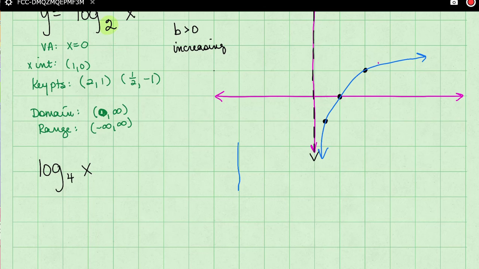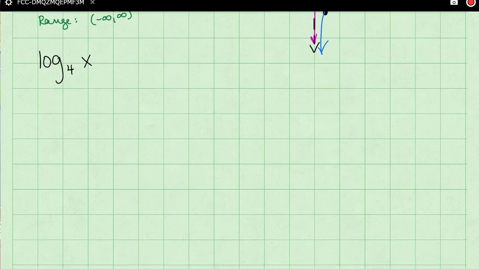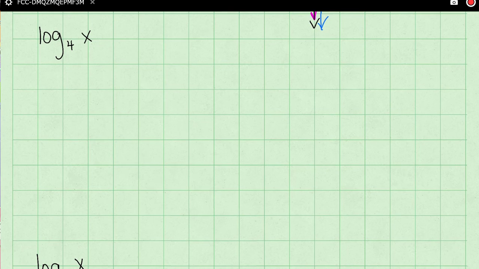All right, so let's look at another one. Oops, I lost the graph. Let me draw it back here. All right, so let's do log base 4 of x. I'm just going to go ahead and draw out the coordinate plane.